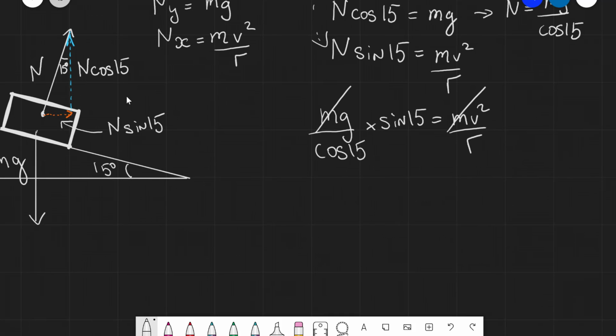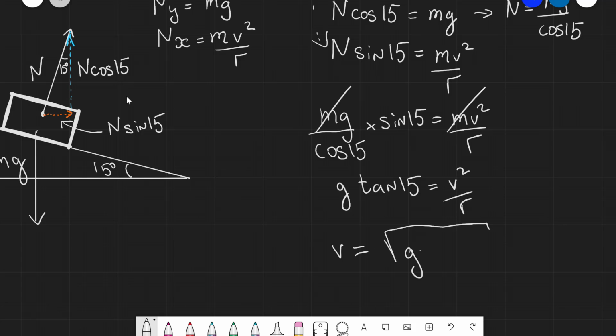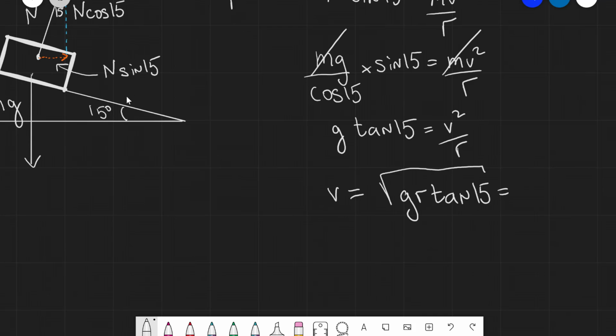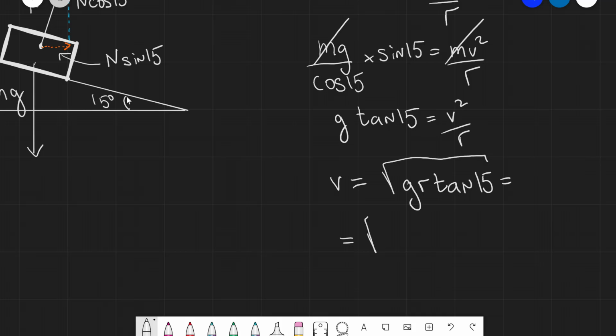Well, now that we have a good expression for the velocity, what we can do is just simplify this a little bit further. We can remember that sine over cos is actually equal to tan. So what we're going to get is that g times the tangent of 15 is equal to v squared divided by r. Rearranging for v, we're going to get that v is going to equal the square root of gr tan of 15, which is going to equal the square root of 9.81.